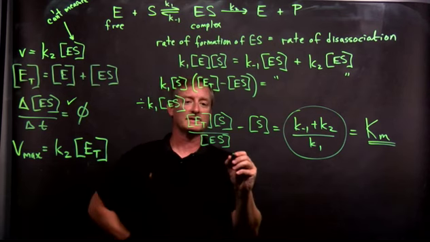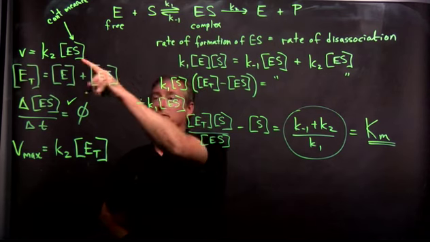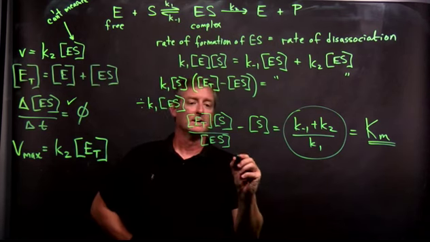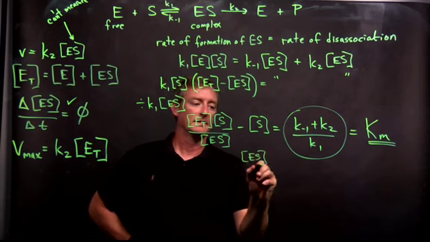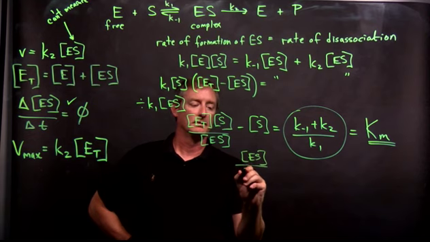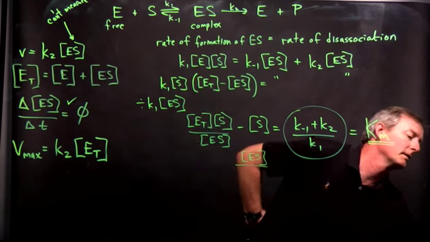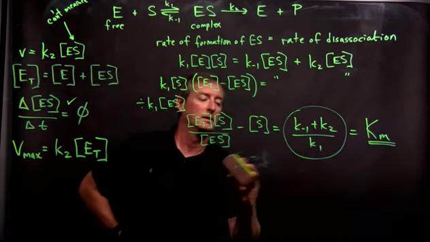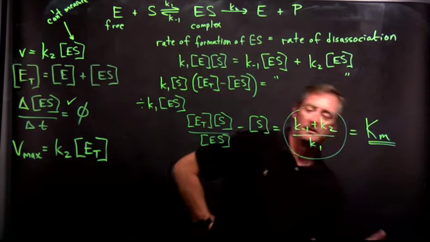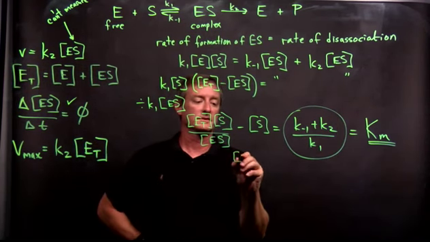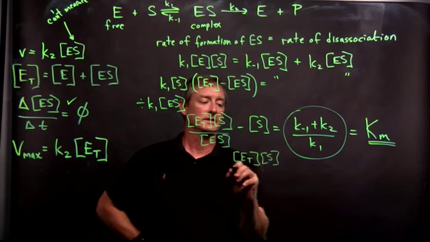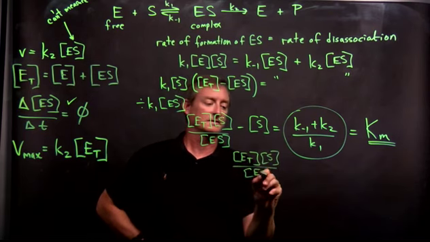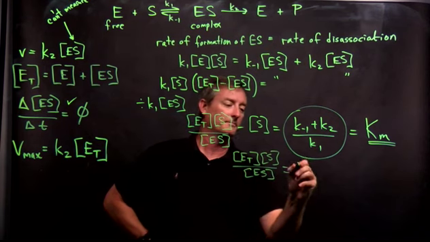Okay, so let's try to get ES by itself so we can substitute it in there. So let's say we've got concentration of ET times concentration of S over concentration of ES equals Km.